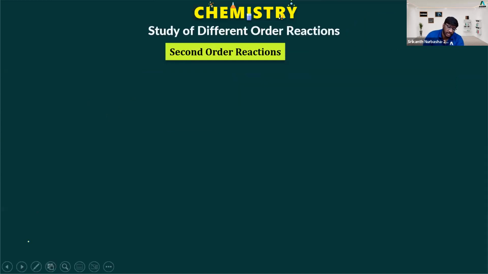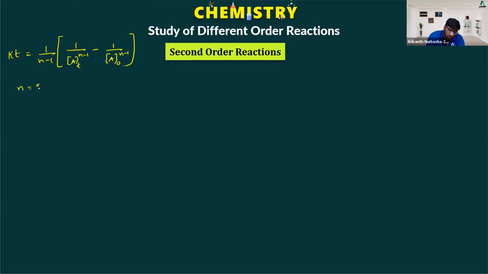Next, second order reaction. What is the nth order reaction? Kt is equal to 1 by n minus 1 into 1 by concentration of A at time t whole power n minus 1 minus 1 by concentration of A at time t equal to 0 whole power n minus 1. Second order means n is equal to 2.